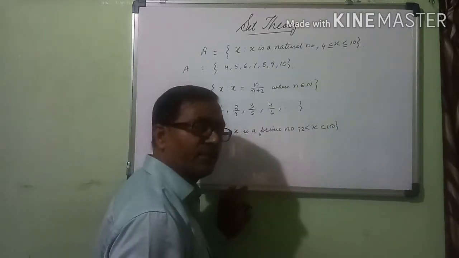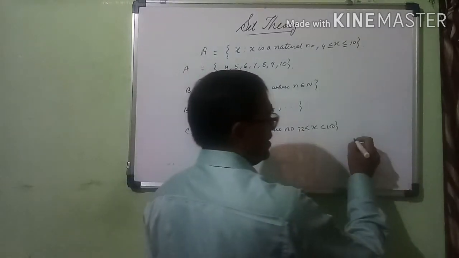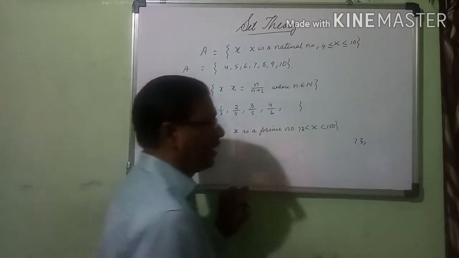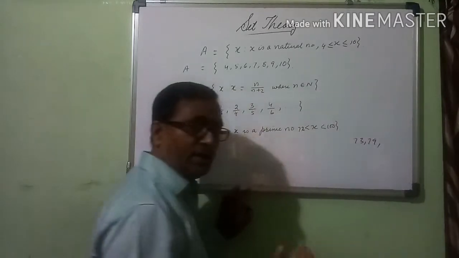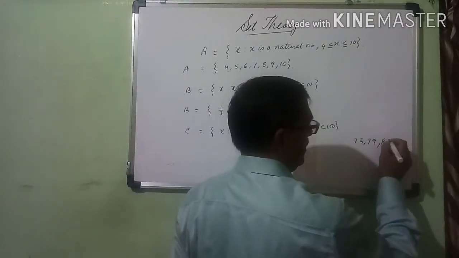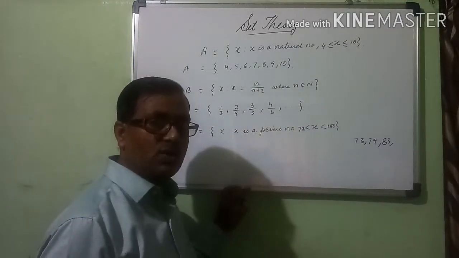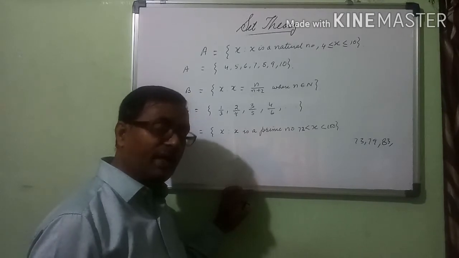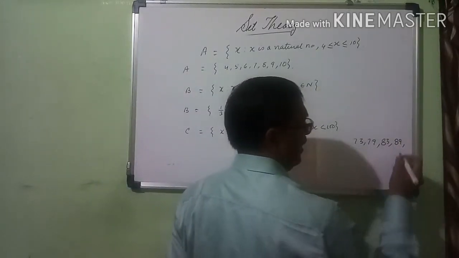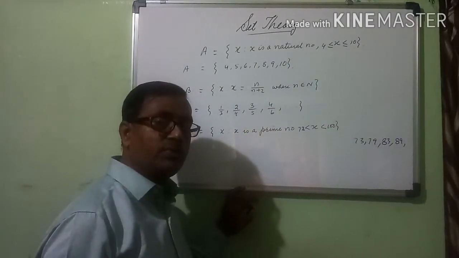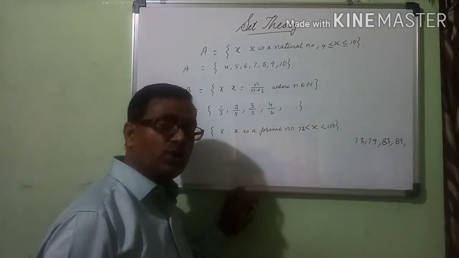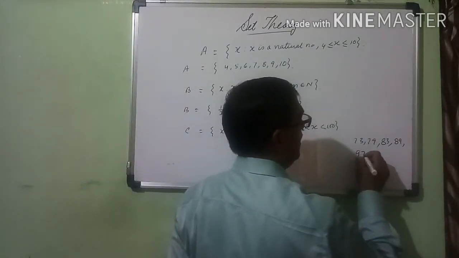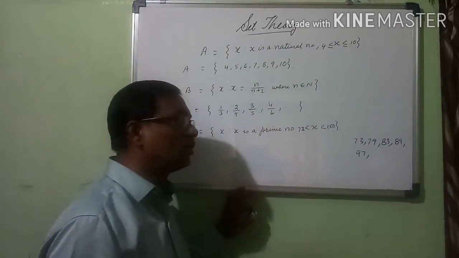Let us list it. 72 not, 73 yes, 74 not, 75 not, 76 not, 77 not, 78 not, 79, 80 not, 81 not, 82 not, 83, 84 not, 85 not, 86 not, 87 not. 87 is not a prime number because it is divisible by 3. 88 not, 89, 90 not, 91 not because it is divisible by 7 as well as 13. 92 not, 93 not, 94 not, 95 not, 96 not, 97, 98 not, 99 not.